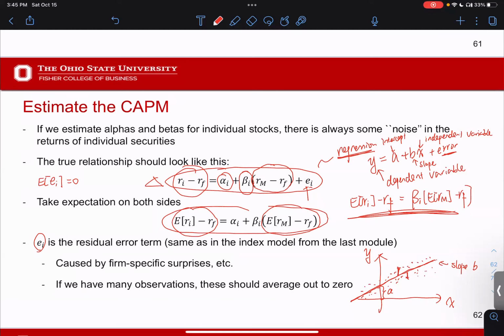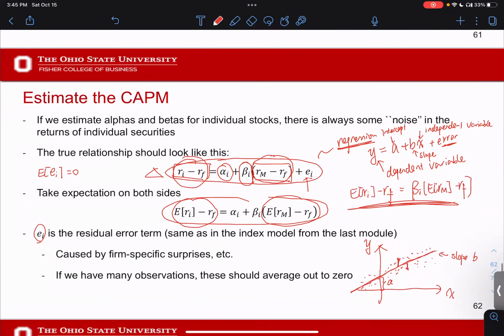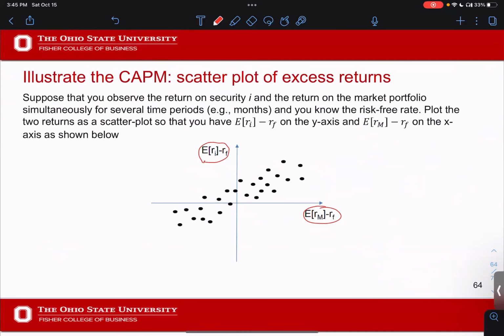This means you use the realized return rather than expected return on both sides. So sometimes you plot the excess return or realized return of the individual stock versus the market.